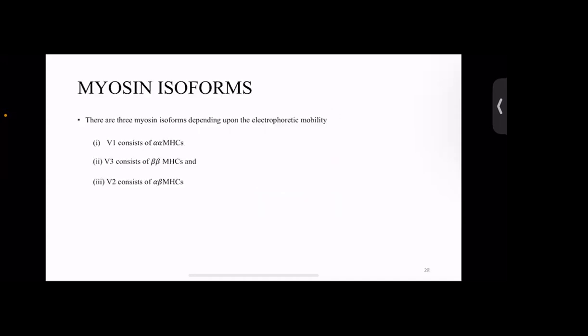Okay, so the myosin itself has 3 myosin isoforms, and this depends upon the electrophoretic mobility.